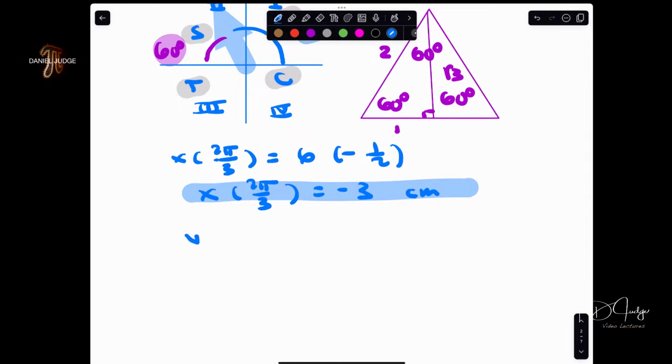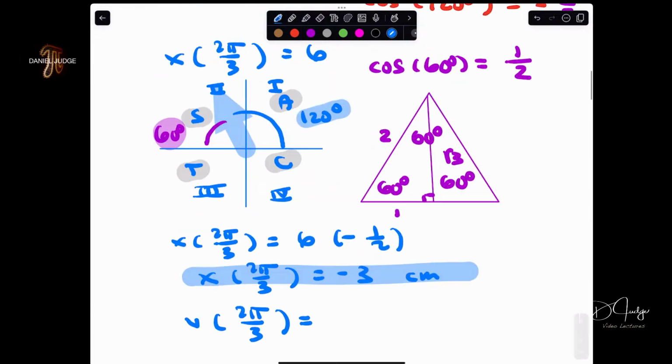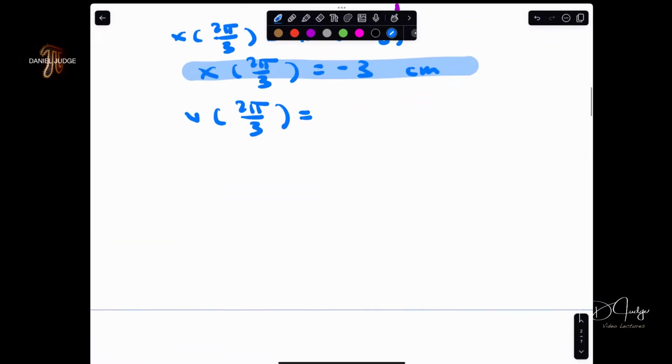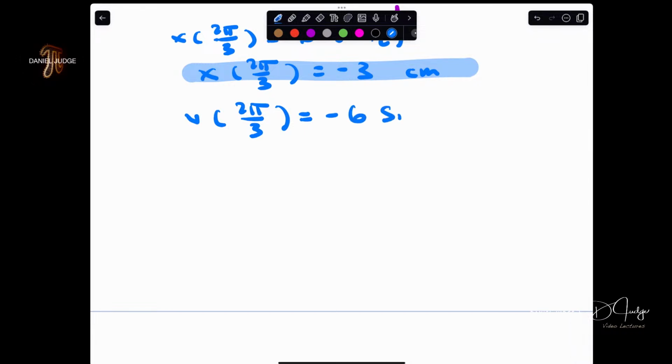We say v of 2 pi over 3 will be now negative 6, I think. Yes, negative 6 sine of 2 pi over 3. So we need to know the value of sine of 2 pi over 3 now.